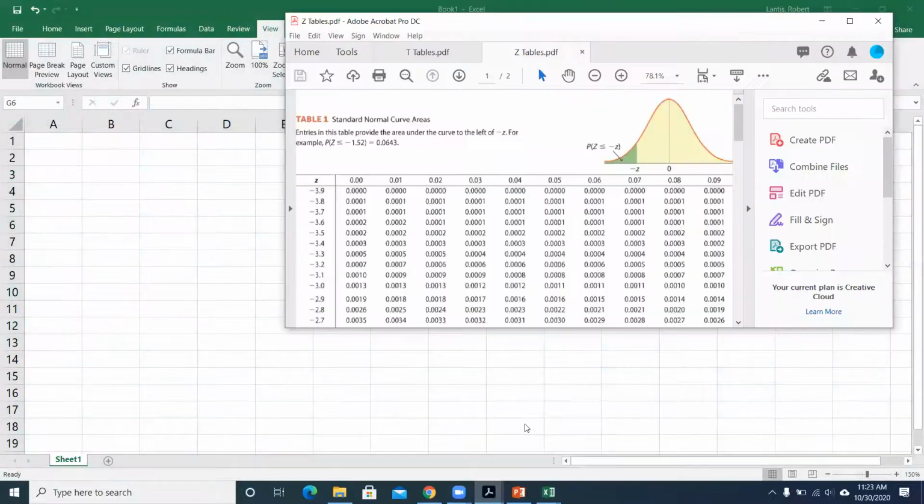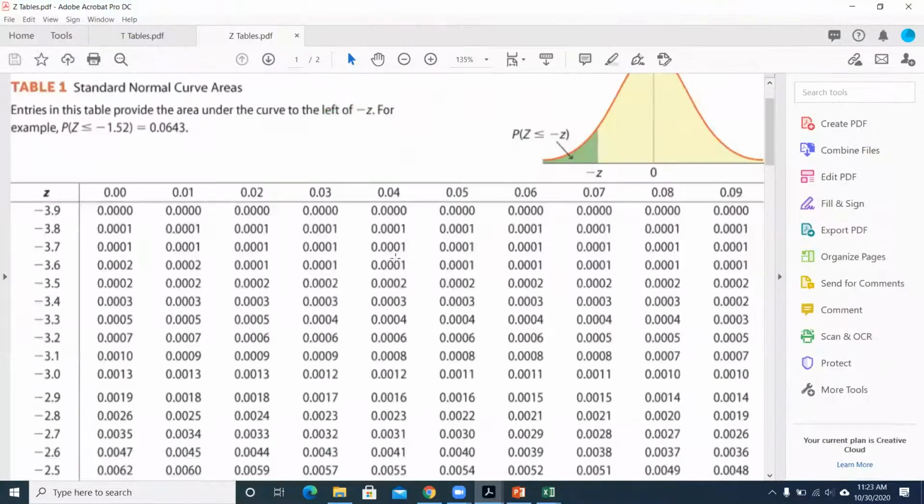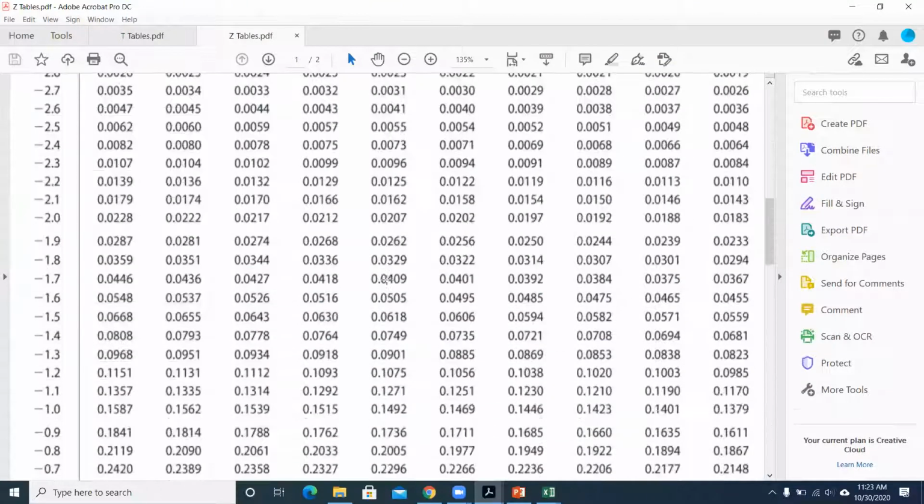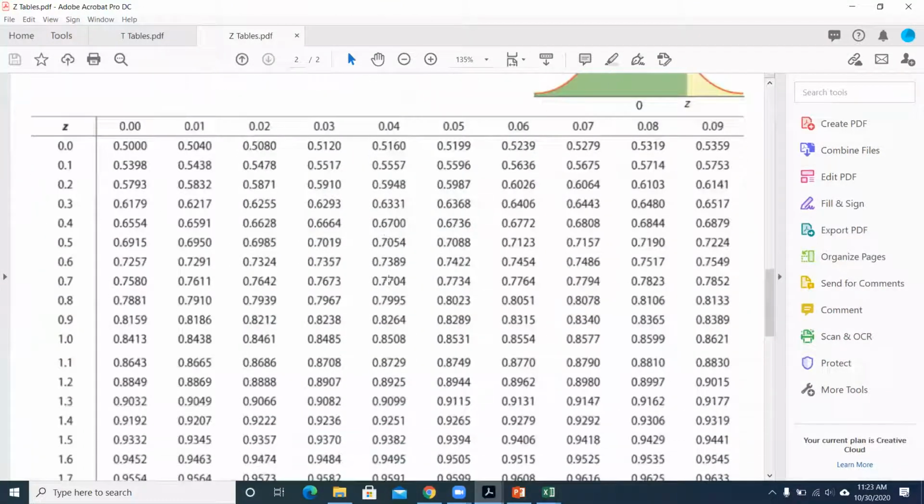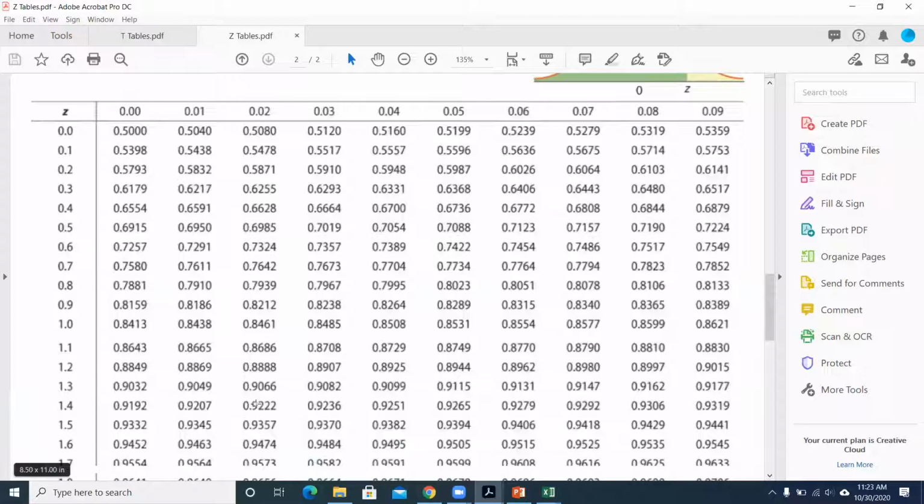I then go to my z table and look up 1.49, scrolling from 1.4 all the way over to 1.49. I lost what line I'm on. 0.9319. Okay, so that's the area.